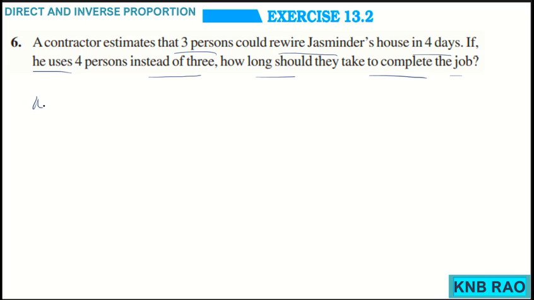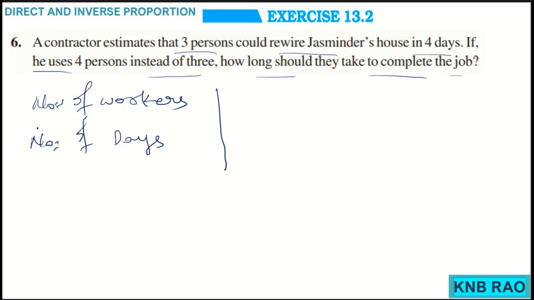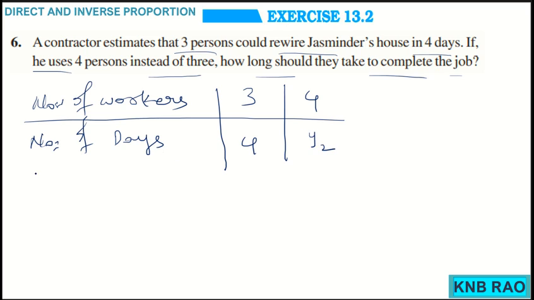Here, I am taking the number of workers as one column, and the number of days as another column. When 3 persons are there, they will complete in 4 days. If I take 4 persons instead of 3 persons, then they will complete in y2 days.